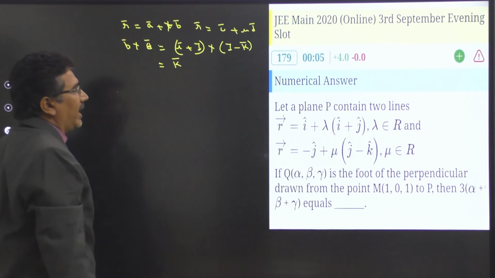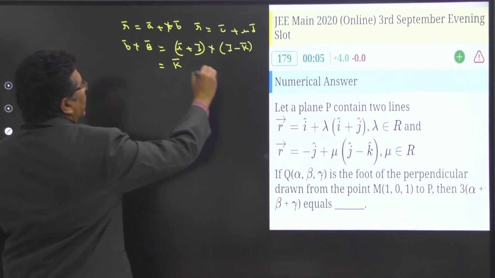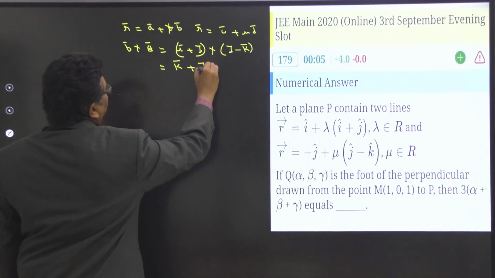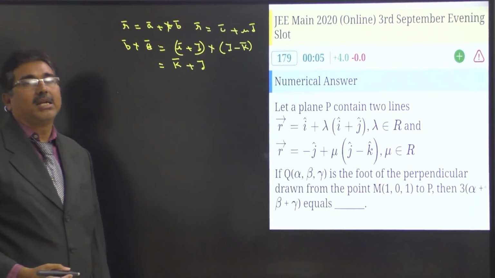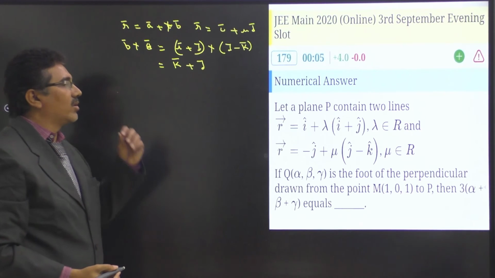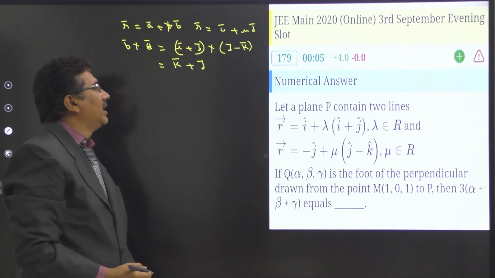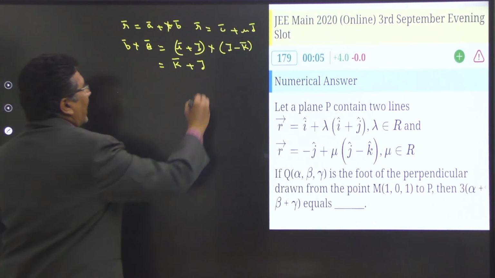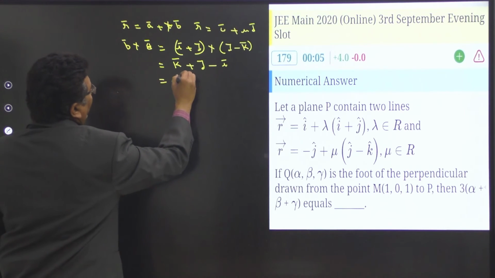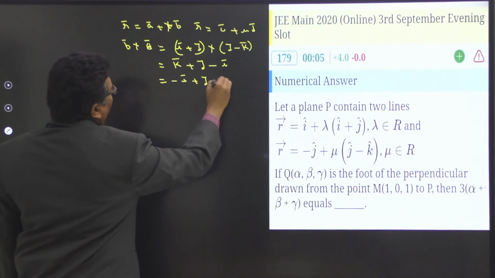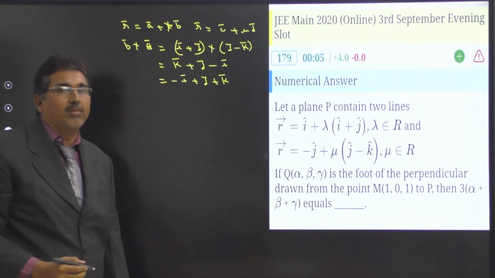That is equal to k bar. What is i bar cross k bar? Minus j bar, and minus into minus is plus. Now, what is j bar cross j bar? It is equal to 0 bar. Minus j bar cross k bar, and j bar cross k bar is i bar, so that is equal to minus i bar plus j bar plus k bar, that is b bar cross d bar.